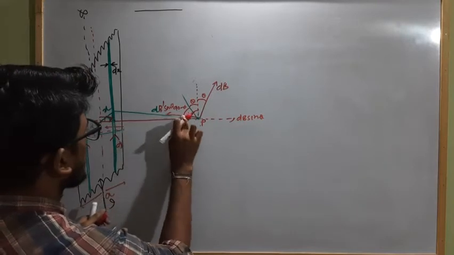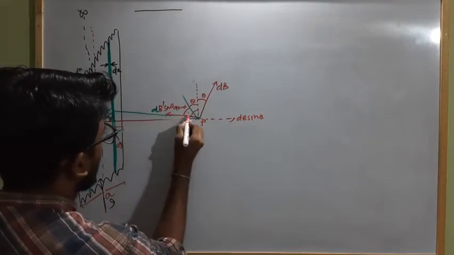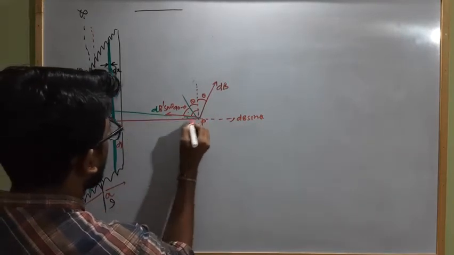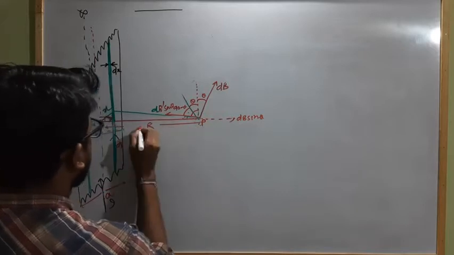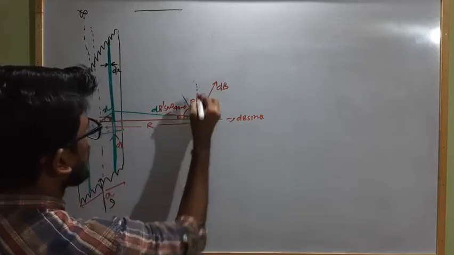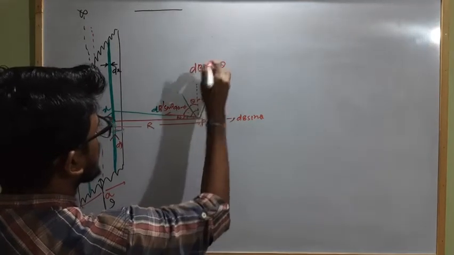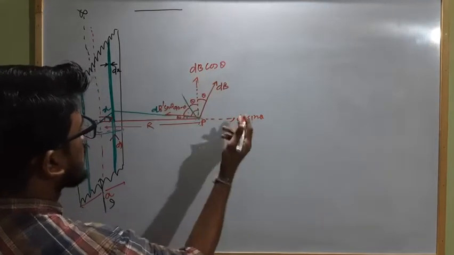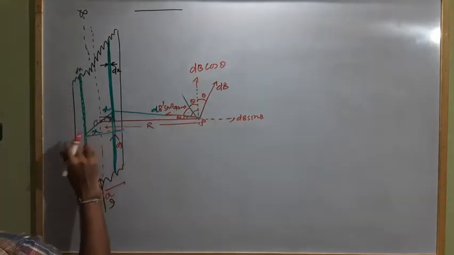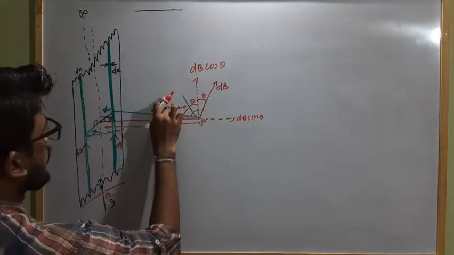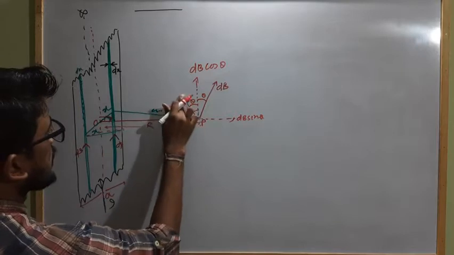So here, if this is the angle, this is the perpendicular distance r, and this angle is theta, this segment will give dB cos theta, and it will only be added up. dB sin theta will be cancelled out by another segment on the right hand side, which will produce dB sin theta along this opposite direction.